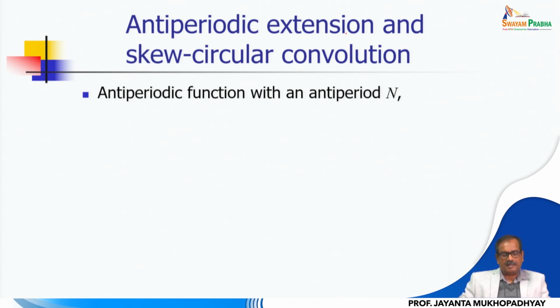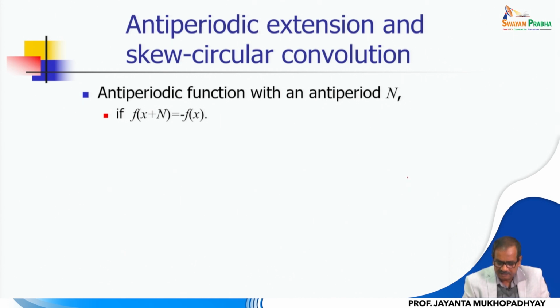Suppose it is an antiperiodic function with antiperiod n. The property for antiperiodicity is that f of x plus n equals minus f of x.